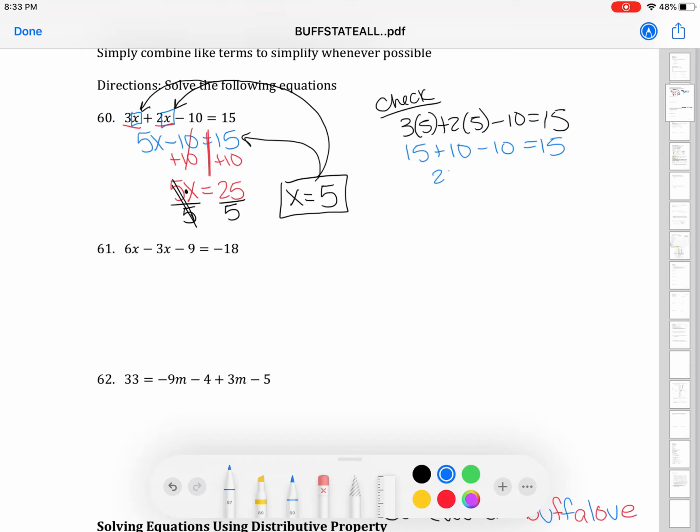You'd simplify the left side, so I'm going to do my multiplication first. That's 15, and that's 10. And then notice 15 plus 10 is 25, and 25 minus 10 is 15, so it ends up checking out. So sometimes the check is a little bit of work. Definitely try and do it whenever you can, because you will guarantee you get them correct.